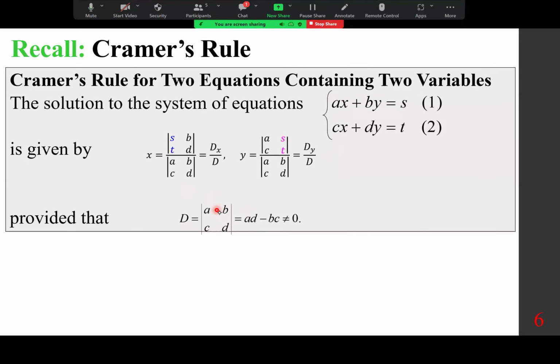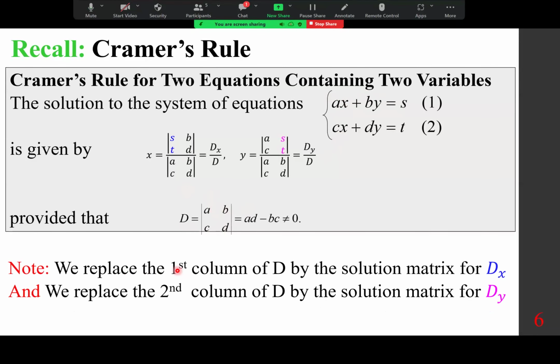Note, we replace the first column of D by the solution matrix for D sub x. So we put S and T for the first column if we are solving for x, and we replace the second column by the solution matrix for D sub y.